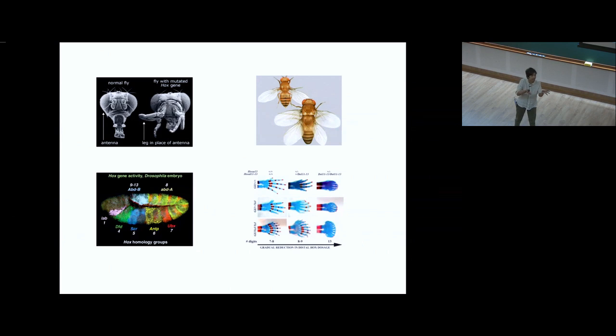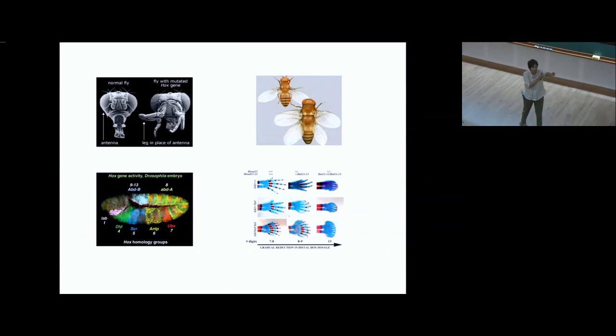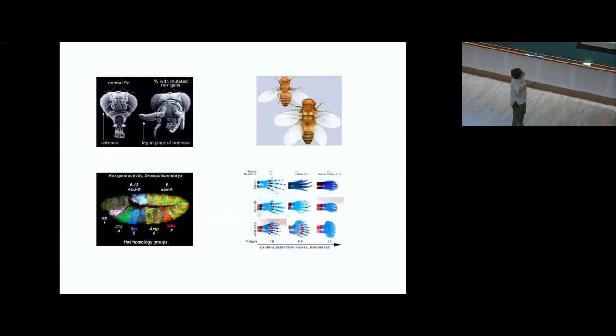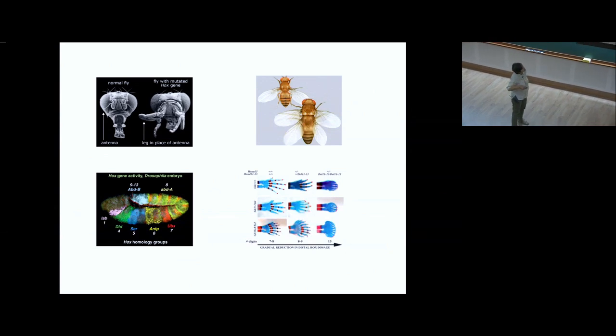But what makes it an antenna and what makes it a leg is that one little key that has to be a little bit differently tweaked, and you get one or the other. That makes sense? So that basic body plan is sort of there, it's preserved. You also end up getting things like this, where flies are dipterans, they have only 2 wings, but other insects, the sort of ancestors of these groups have 4 wings.